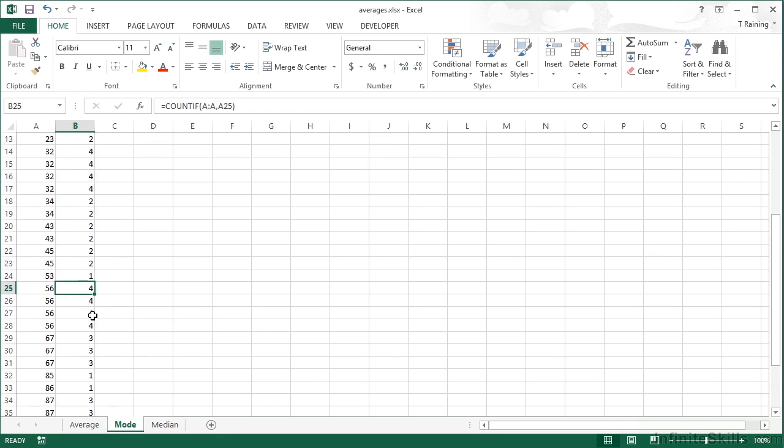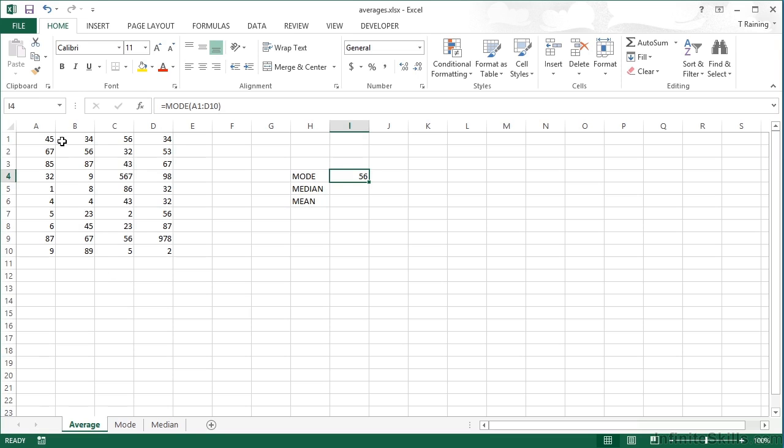Now, it hasn't done this based on any logical criteria that you might think of. Oh, it's chosen 56 because it's higher than 32. It's chosen 56 because that's the first of the frequently occurring numbers that it comes across in the range. If we look at our range, we can see that 56 occurs first before 32, therefore it chooses 56 as the mode.